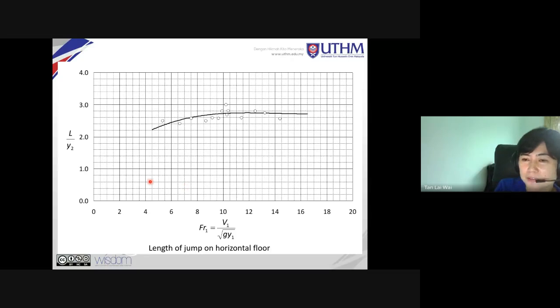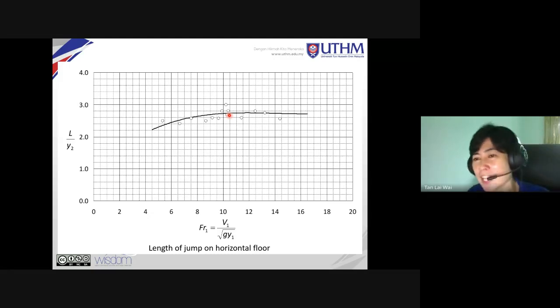Okay. Now, once you have calculated your Froude number one, based on velocity one, which is on your spillway, right? Once you have that, now this data comes from experimental data for stilling basin type 3.